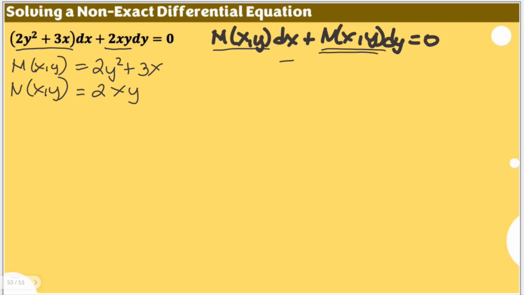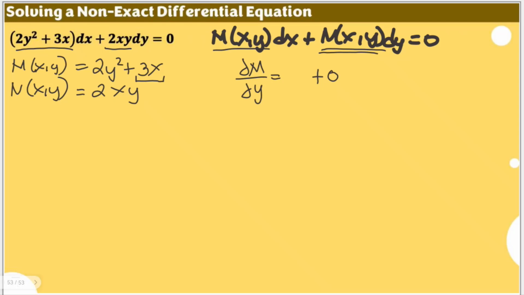Again, this is no longer needed, but in order to determine whether this is a non-exact or an exact differential equation, we take the partial derivative of M with respect to y. Since it's with respect to y, we treat 3x as a constant, and the derivative of that is 0.